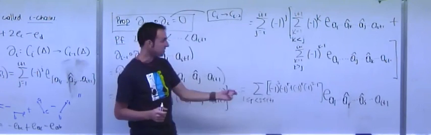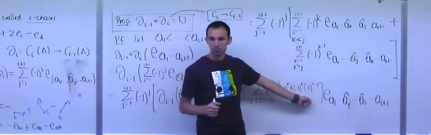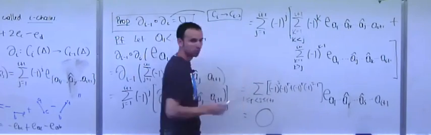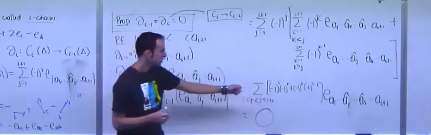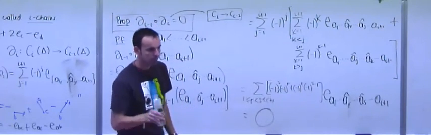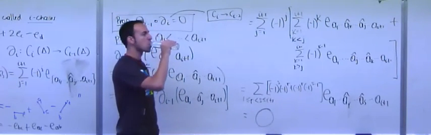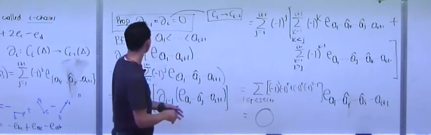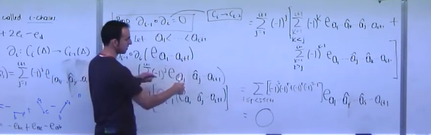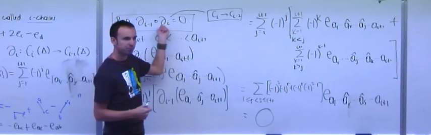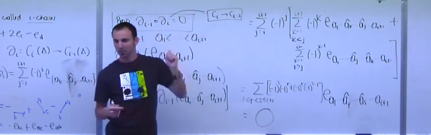And so basically this is just 1 plus minus 1. So that means that this is a big fat 0. Every one of these terms goes to 0. Okay? So since every basis element gets sent to 0, that means that this is the 0 map identically. Okay. Does that make sense to you guys? Is that good?